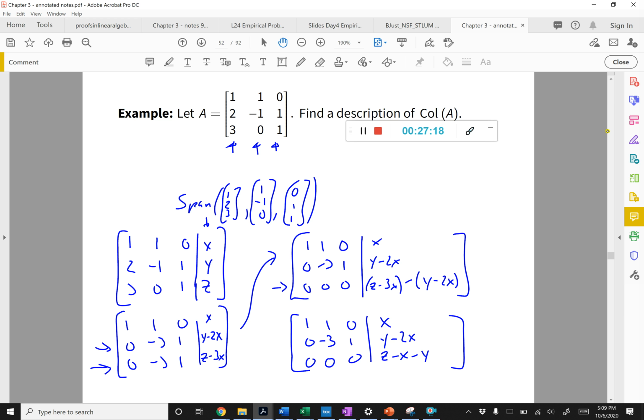Now this is something we haven't done, an example where we've just put x, y, and z over here, but you just do row operations the same. And one thing that happens is we get this bottom row down here, and this will have a solution only if z minus x minus y is 0.